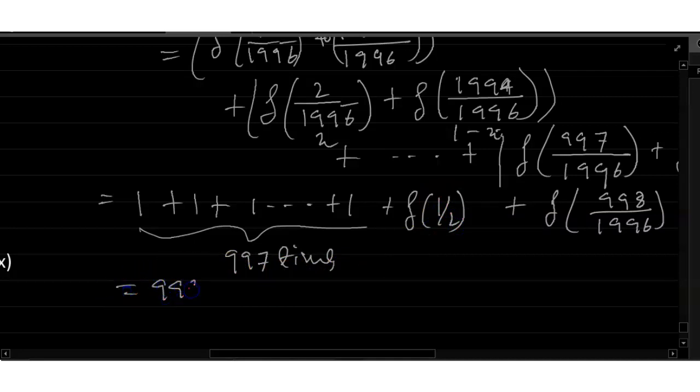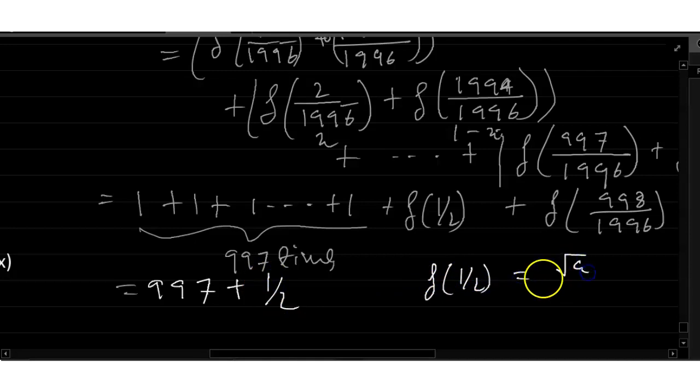This value is 997 plus f(half). f(half) is equal to half, because f(half) is equal to root a divided by root a plus root a, which equals half.